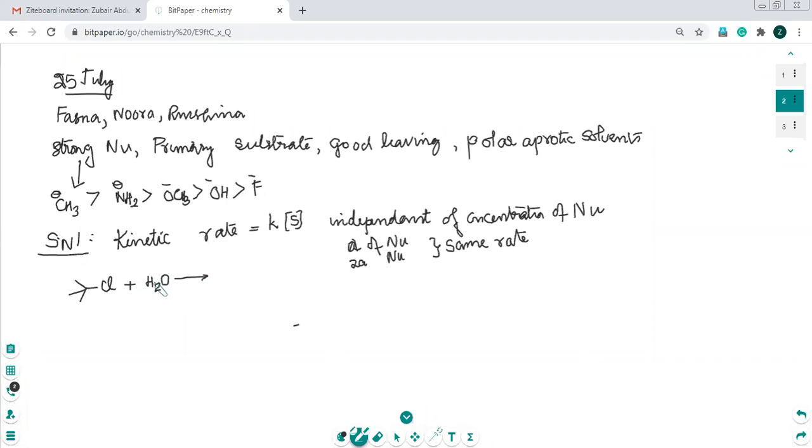Such reactions in which the solvent is acting as a nucleophile, this is nucleophile and solvent, are called solvolysis.